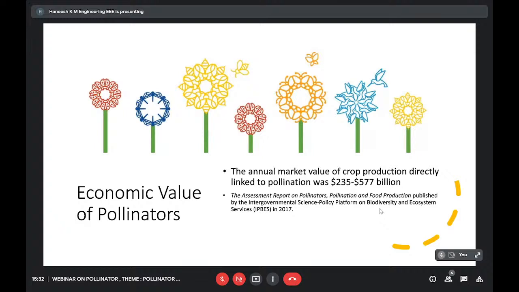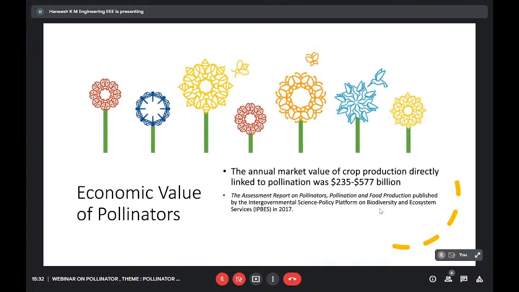If you look at the economic value of pollinators, the annual market value of crop production directly linked to pollination is around 235 to 577 billion dollars.